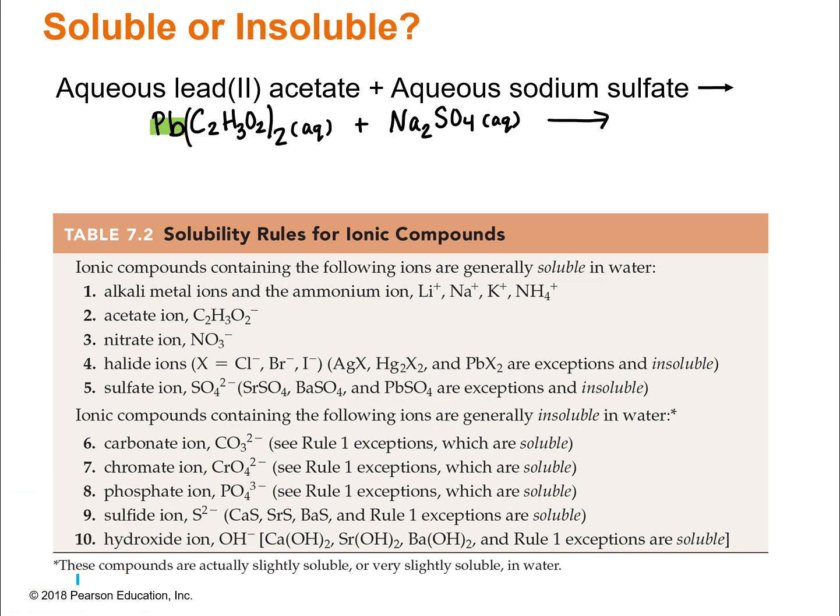Give my metals some color, and it'll be easier to keep track of them. The lead is with the acetate ion. I'm going to swap it out and put it with the sulfate. So sodium, the sodium ion is 1 plus. Sulfate is 2 minus. So I need to have 2 sodiums to balance the charge.